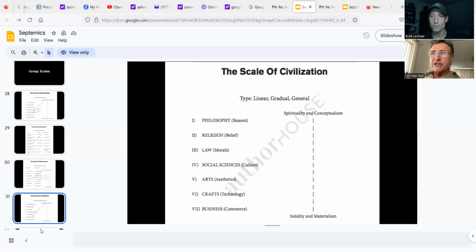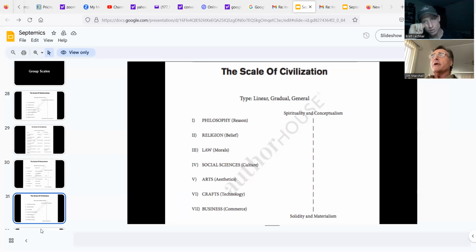Okay, the scale of civilization. This is really a completely new concept. This tells you how civilizations develop. Now, when I say civilization, I don't mean society, because remember, there are civilized societies, barbaric societies, and primitive societies.